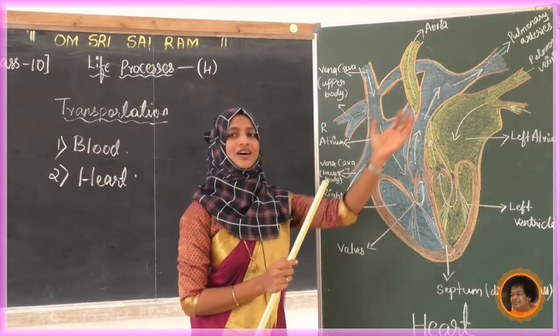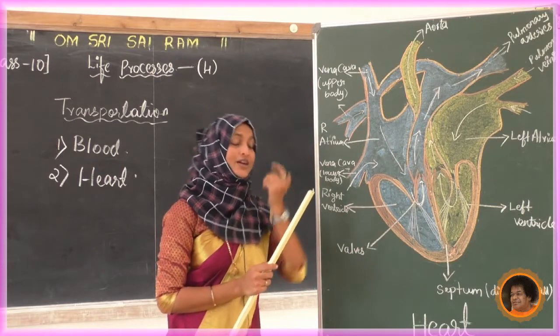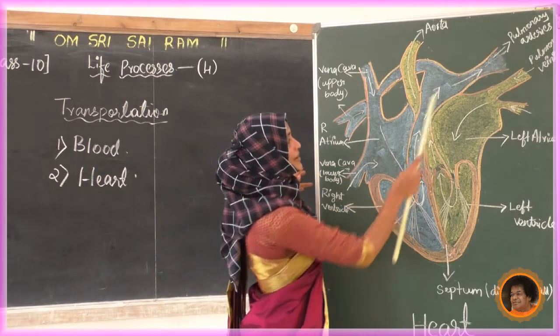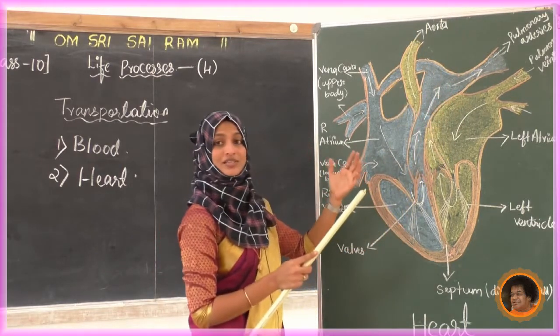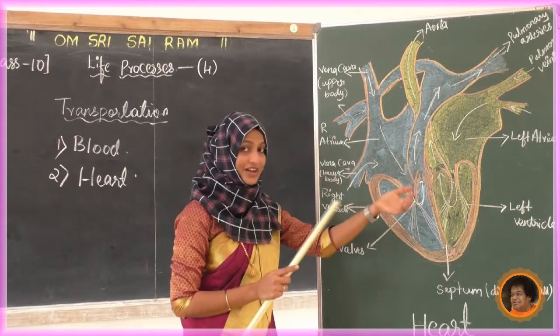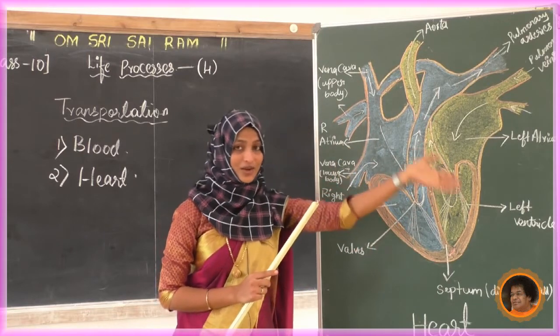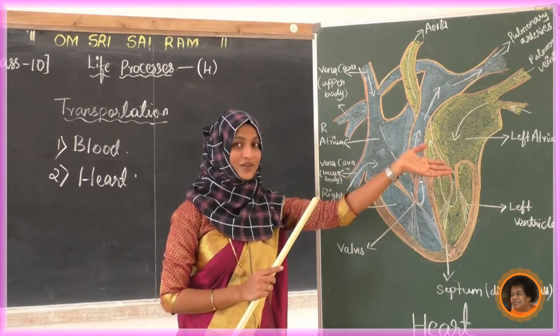Now the lungs give back oxygenated blood. From where does the carbon dioxide go? It goes through the alveoli, as we studied yesterday, reaches the nostrils and goes out. Carbon dioxide I am saying, not blood.